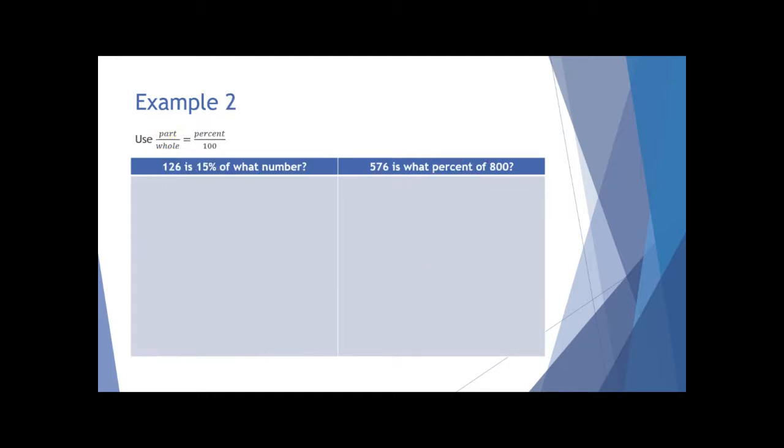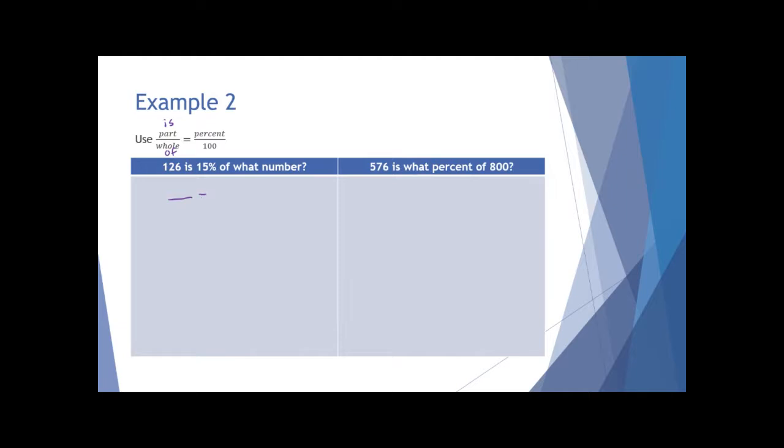All right, so I'm still using the same equation where the is on top and the of on the bottom. And so the first one here on the left is the third possible way that these could be worded. 126 is 15% of what number? And this is one that people are prone to possibly doing incorrectly.